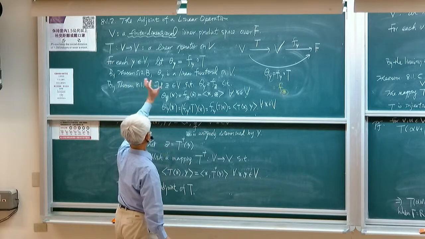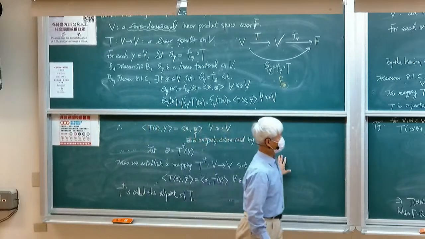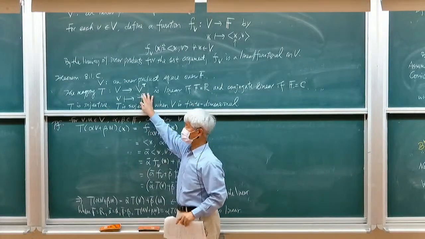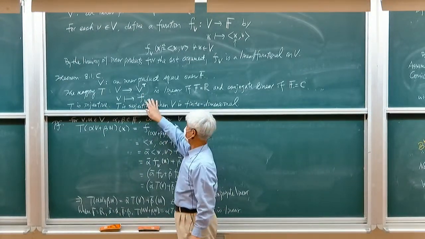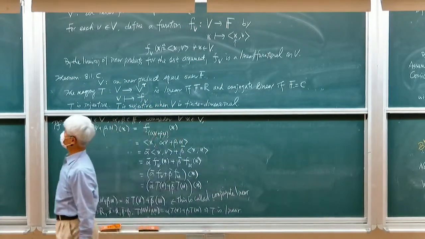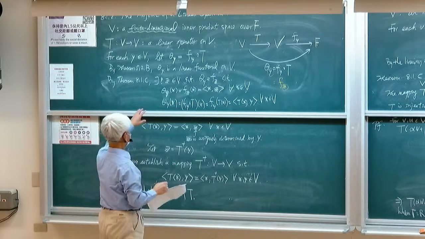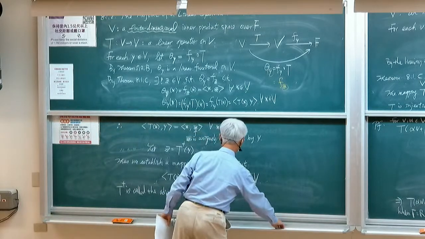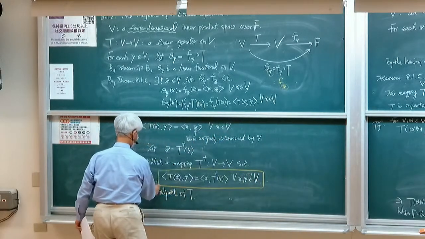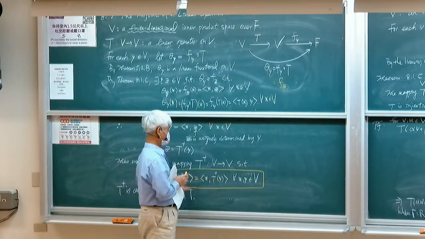This mechanism is successful because we have theorem 8.1.c, right? Because every linear functional has the form f sub v. Okay, so we have this very important functional relation between a linear operator and its adjoint T dagger. Okay, here.